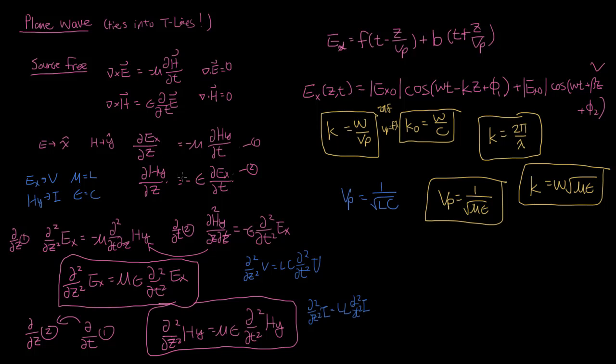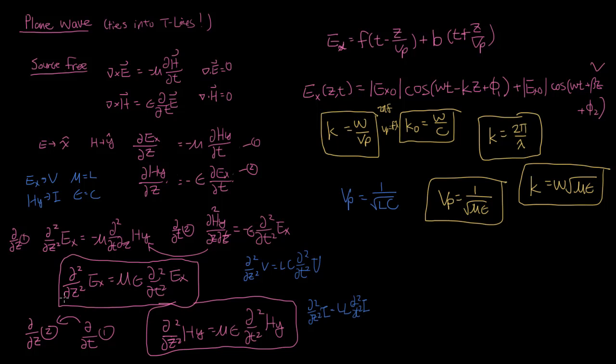And so when you rewrite it this way, you see that, with some letter substitution, this is the same as my transmission line equations. And so following a similar derivation to what we did back in transmission lines, where we took the derivative one way and the derivative the other way and did some substitutions, we ended up coming up with this rule where the second derivative of the signal is equal to mu epsilon times the second time derivative of the signal.